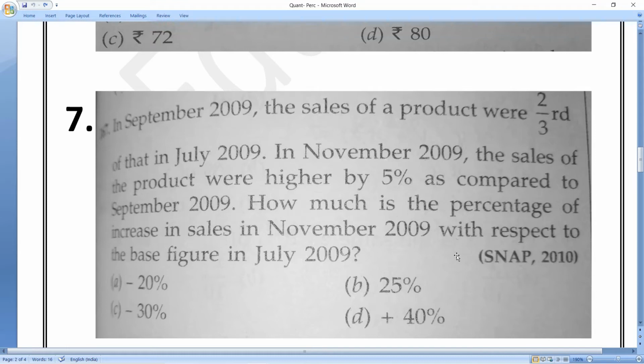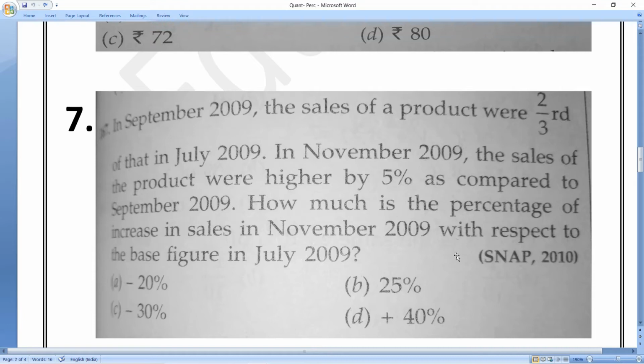So it's quite simple. It is saying that, first, in comparison with July to September, there is decreased sales of two-thirds, and now in comparison with November to September, there is an increased sales of 5%. So what the question is asking is the difference in sales in November with respect to July.